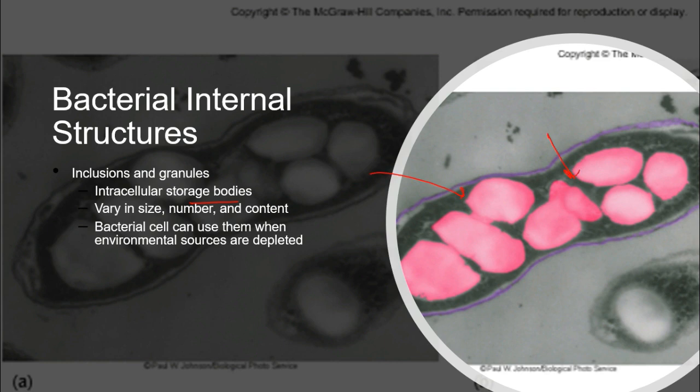Not like plants, because in plants the vacuole is always present, and the vacuole's volume and size is huge because it stores a lot of secondary metabolites and other metabolic components to use in future. In bacteria, it's not the case like vacuoles, but they still have vacuole-like intracellular storage bodies, varying in size and number. They can store components that can be used by that same bacteria when the environmental conditions are turning harsh.